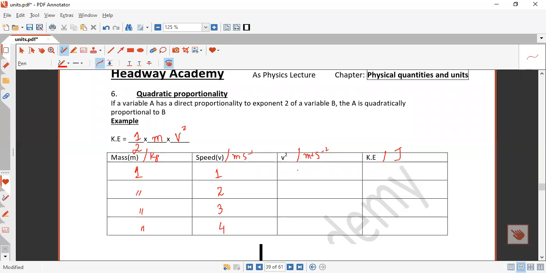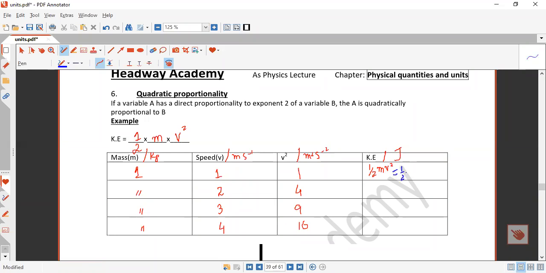So v square will be 1 square is 1, 2 square is 4, 3 square is 9, 4 square is 16, right? So the values of kinetic energy will be what? The value of the kinetic energy will be half mv square.